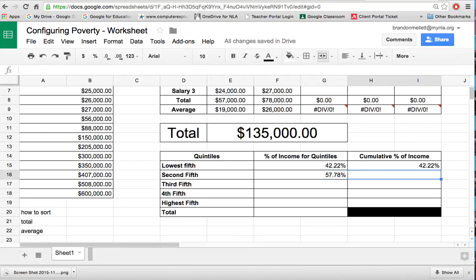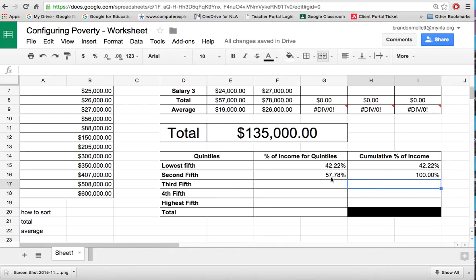Then from here, you have to do this for each one. We would just add the previous quintile with the second one, and we see that this would be 100% of what we have up here. As you go from each one of these, you just keep adding on the percents from the previous ones.